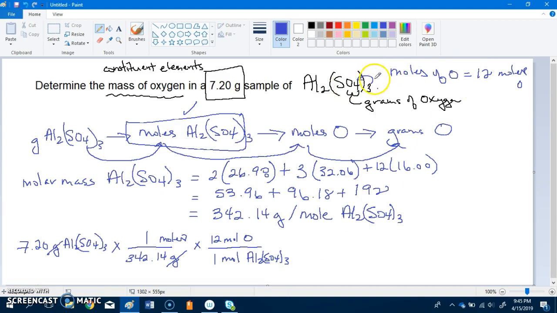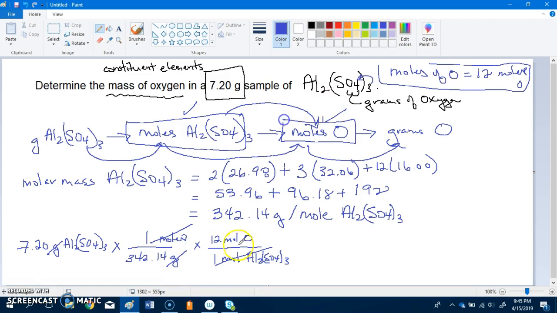So that was back up here when I was looking at 1 mole of aluminum sulfate has 12 moles of oxygen. So 1 mole of aluminum sulfate here is going to cancel out with 1 mole of aluminum sulfate there. So I've gone from moles of aluminum sulfate to moles of oxygen. That's done now. So 12 to 1 is that ratio, which we figured out here.